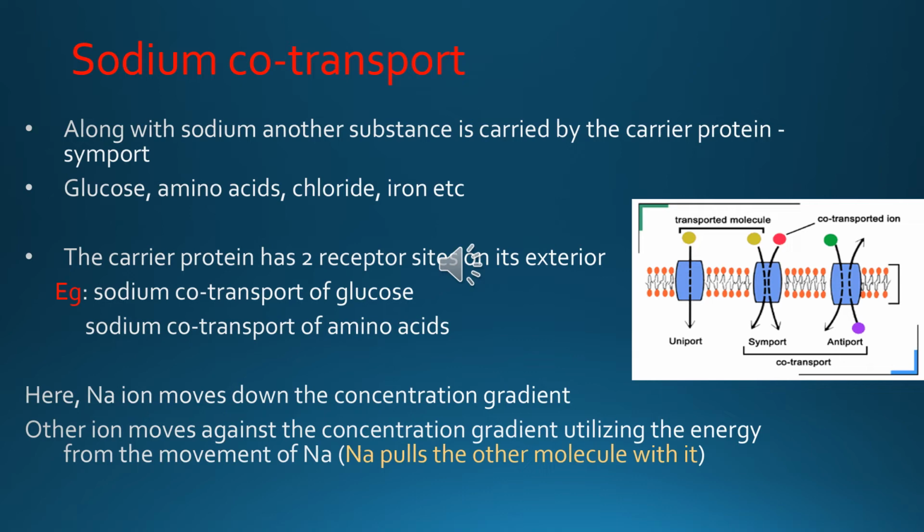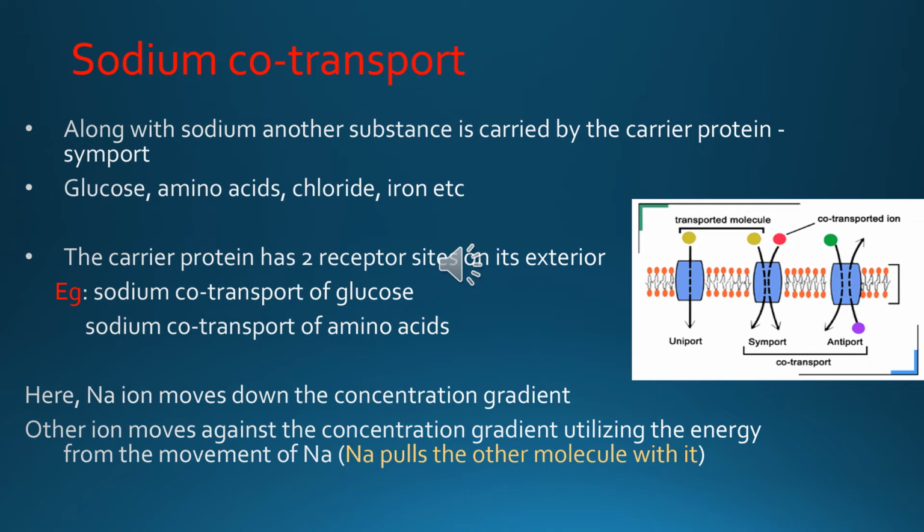One is for binding the sodium ion, the sodium receptor site, and the other site is for the attachment of the substance that is carried along with sodium ion, maybe glucose, amino acid, etc. So in the case of sodium co-transport of glucose, one sodium ion gets attached to its receptor site on the exterior of the carrier protein, and one glucose molecule gets attached to the respective receptor site for it.